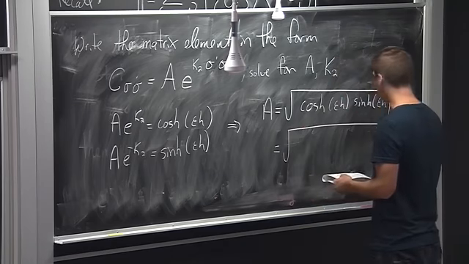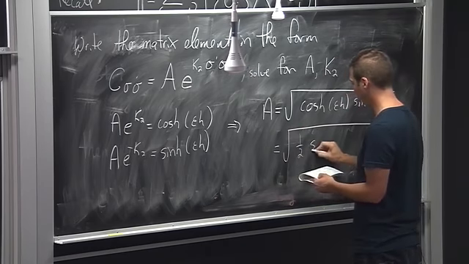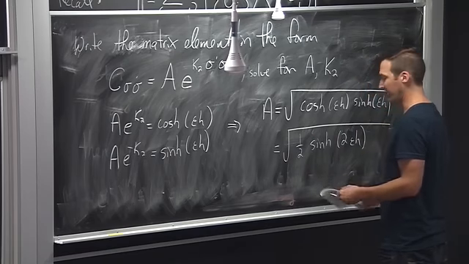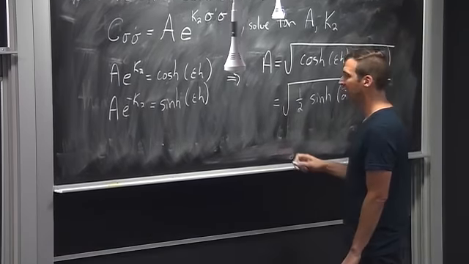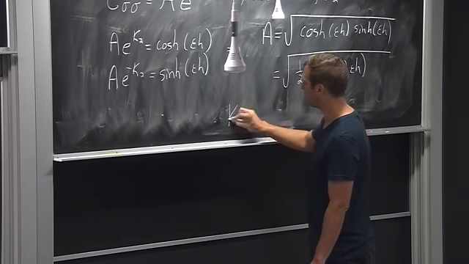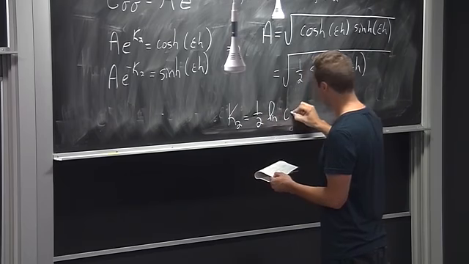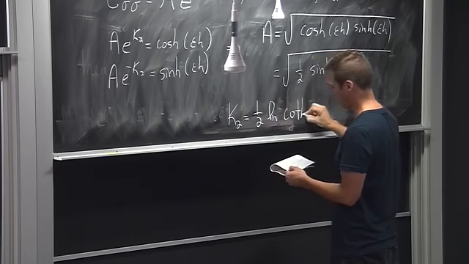And I can use some trig identities to write A like that. And similarly, I can solve for K2. And I'll just write it down, because really, it's not interesting.